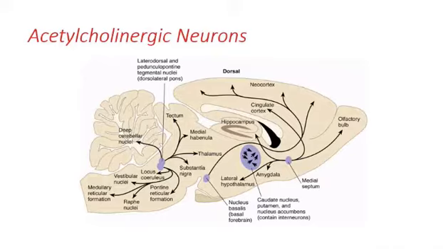Then we have another area of acetylcholinergic neurons in the medial septum. You can see there's a lot of distribution into the neocortex, frontal cortex, down into the hypothalamus and amygdala, and from the locus ceruleus into a lot of the other surrounding subcortical structures.